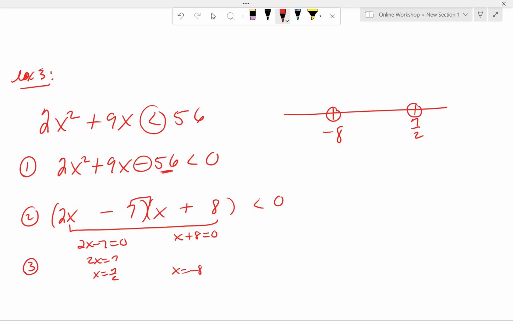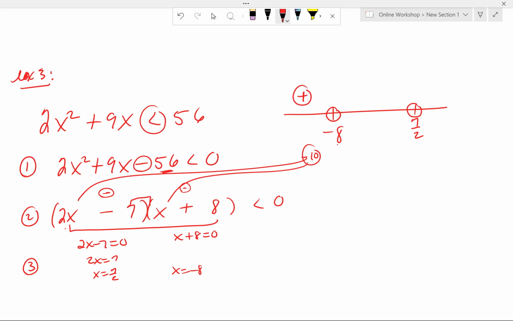Give me any number to the left of -8, such as -10. Again, put that in for x. Well, that gives me a -20 minus 7 is a -27, but I don't care about the value. I just need to know the actual sign. And -10 plus 8 is a negative, and a negative times a negative is a positive.